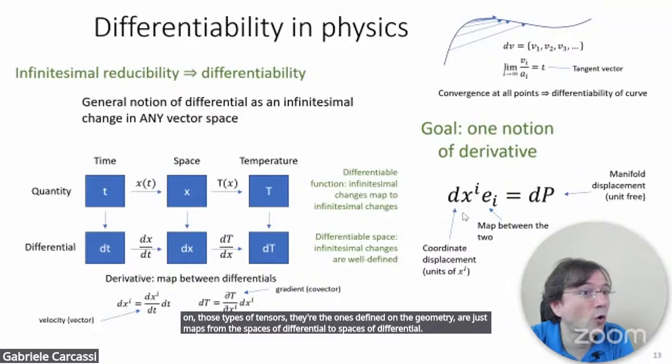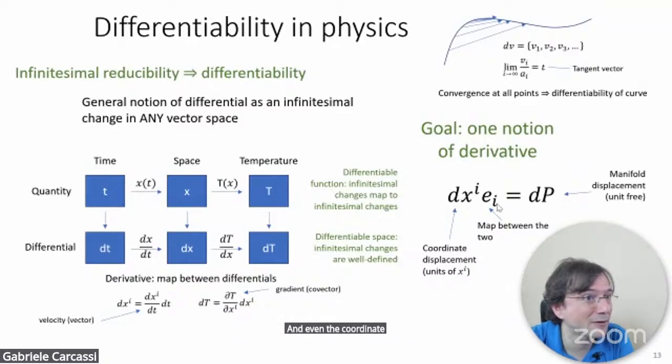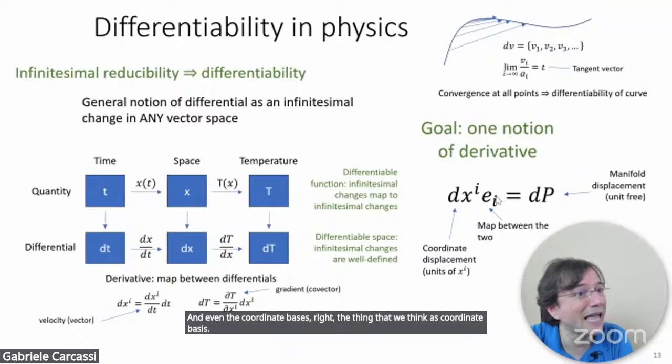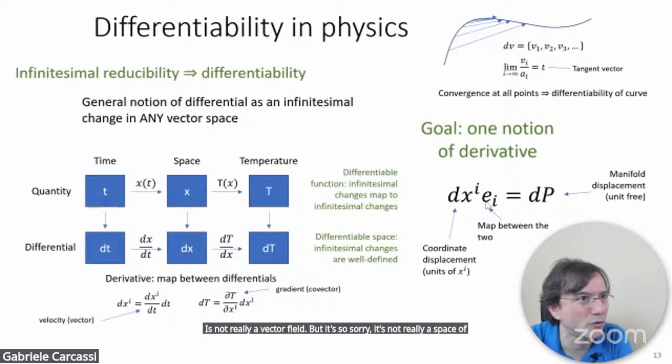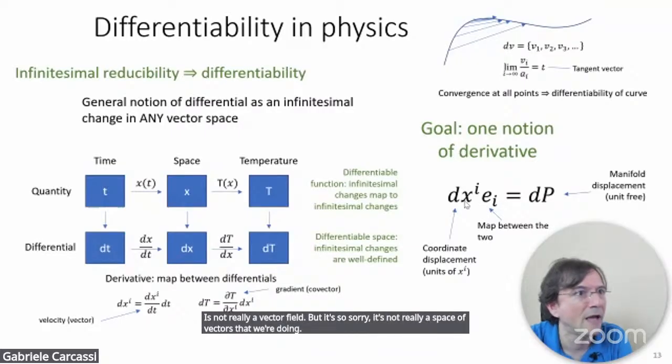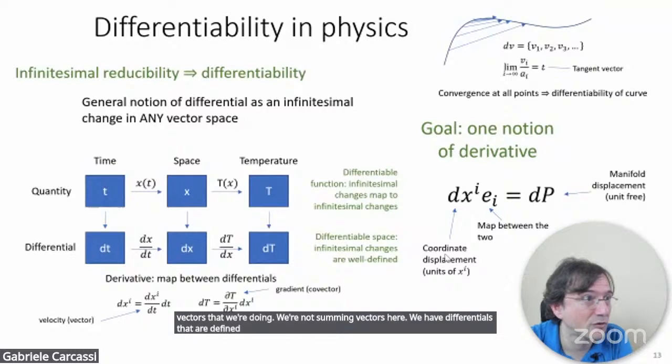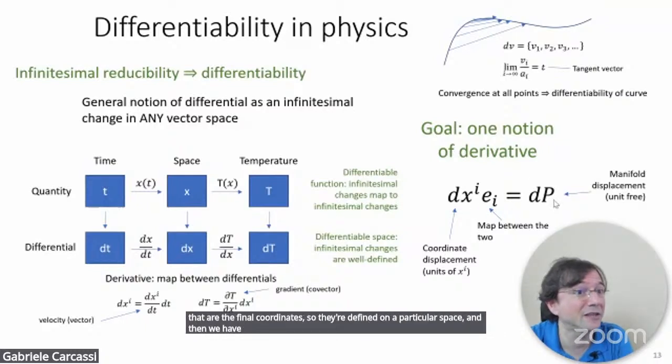And even the coordinate basis, the thing that we think of as a coordinate basis, is not really a space of vectors that we're summing. We have differentials that are defined on coordinates, so they're defined on a particular space. And then we have a differential defined on a manifold that is the unit-free change: I go from this point to this point.